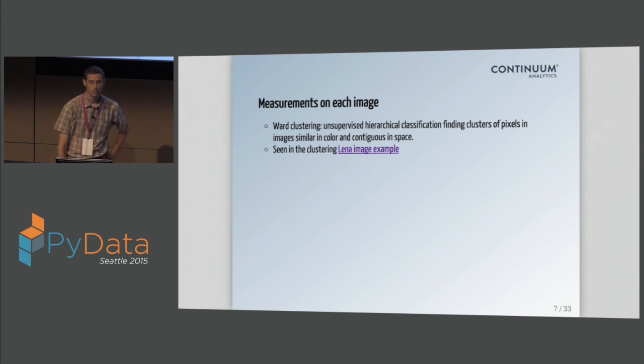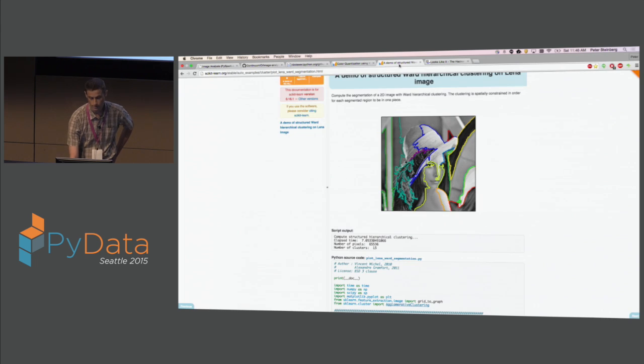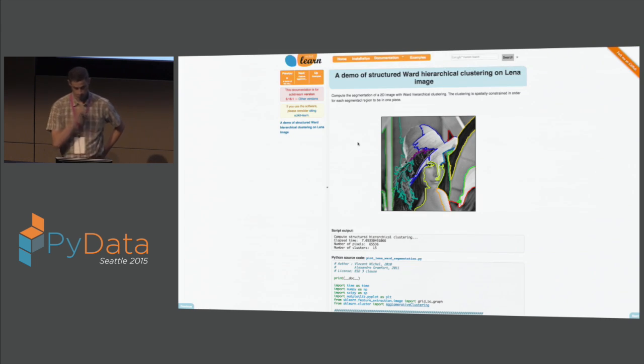Another thing we're doing on each image with scikit-learn is Ward clustering. And there's a really good demo on this with the scikit-learn documentation. But basically, Ward clustering is an unsupervised classification that finds pixels that are similar in color, but also tends to prefer clusters that are contiguous in space.